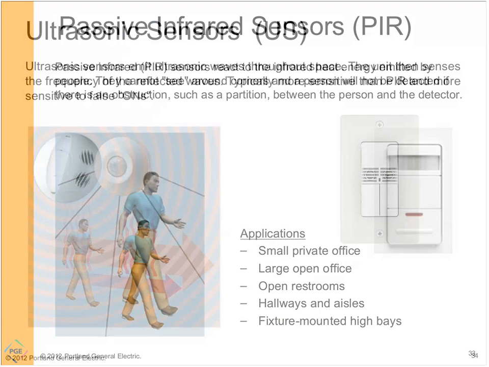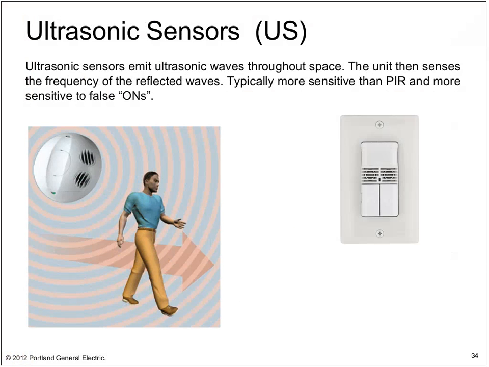Ultrasonic is another technology. It works a little differently. They detect a disturbance in the force, especially as you're moving away from the sensor. That's where it's going to detect you the easiest.